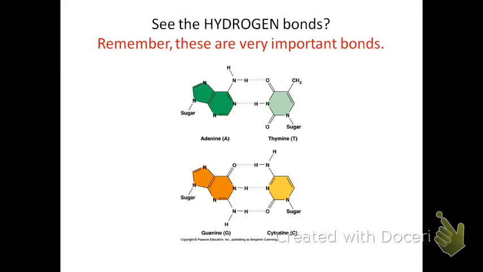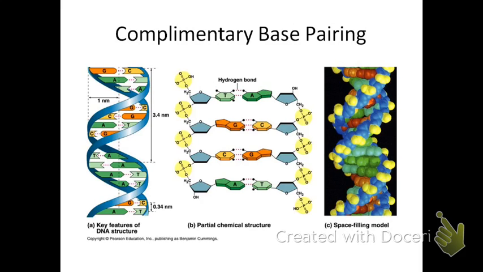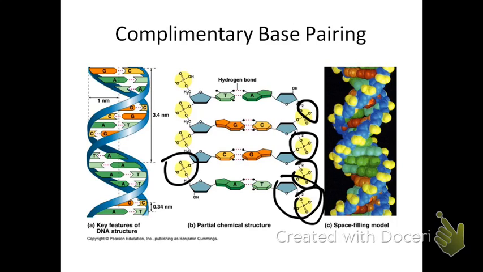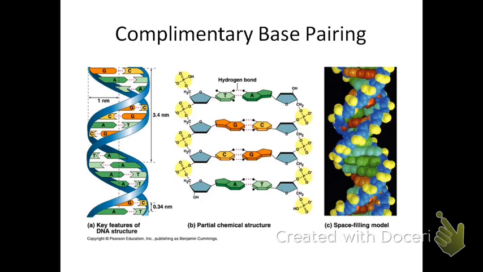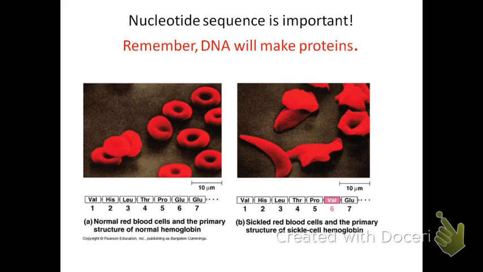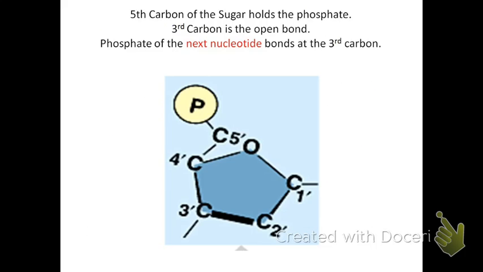Now, we not only have hydrogen bonds, but we also have covalent bonds. So I'm going to back up a little bit. When we look at these covalent bonds, we're talking about the bonds that are holding these nucleotides together here. There's a covalent bond. There's a covalent bond. So it's going to be these yellow ones right here, covalent bonds. In particular, we're going to be looking at something called a phosphodiester bond.